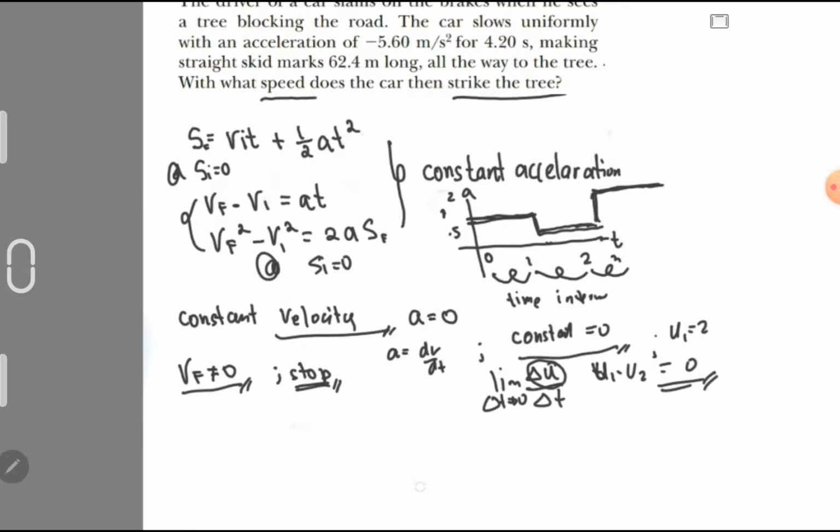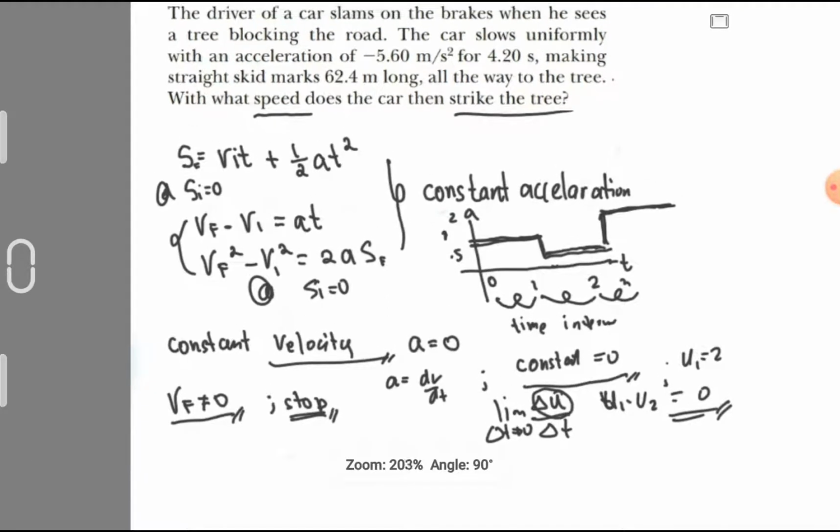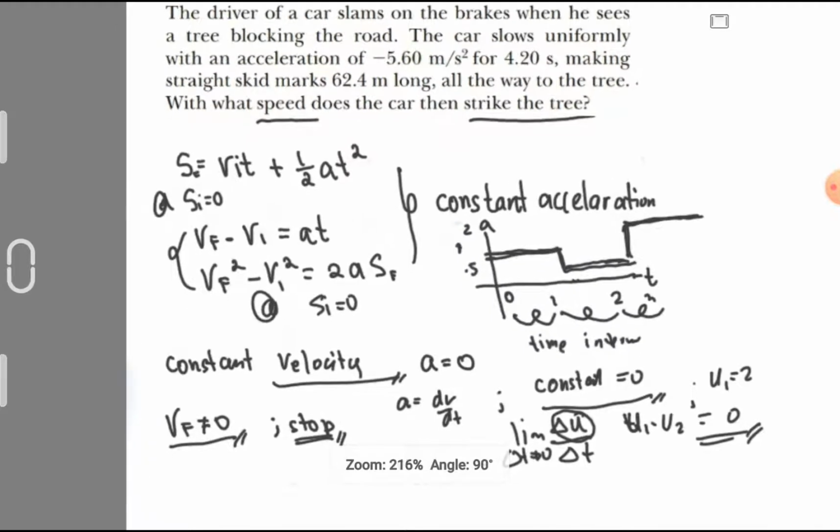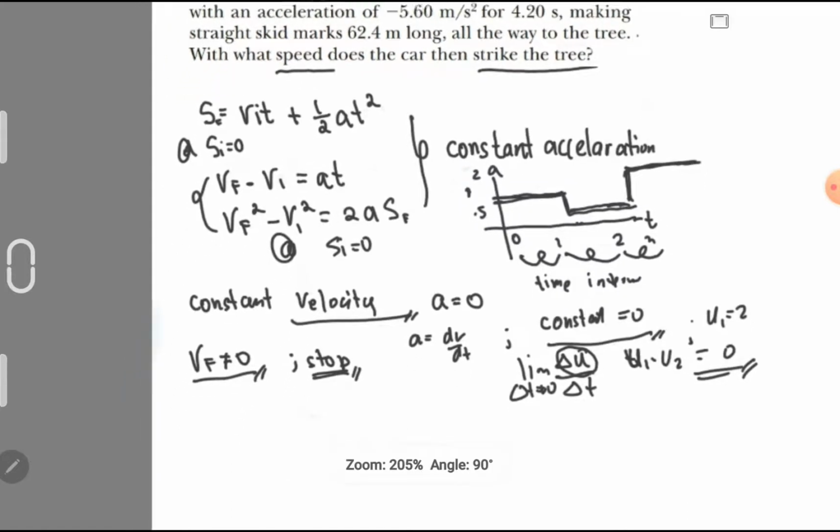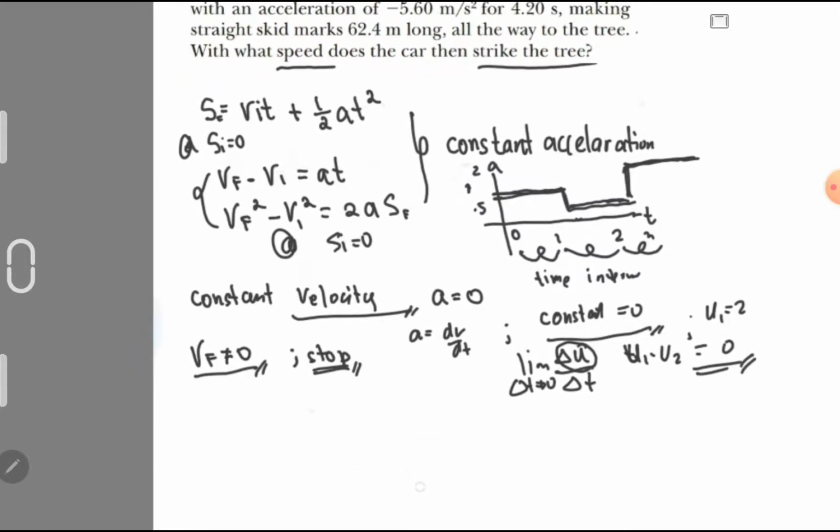Okay? Next is yung acceleration natin. Take note that in this problem, the negative 5.6 meters per second squared dictates a deceleration. Negative always states a deceleration.